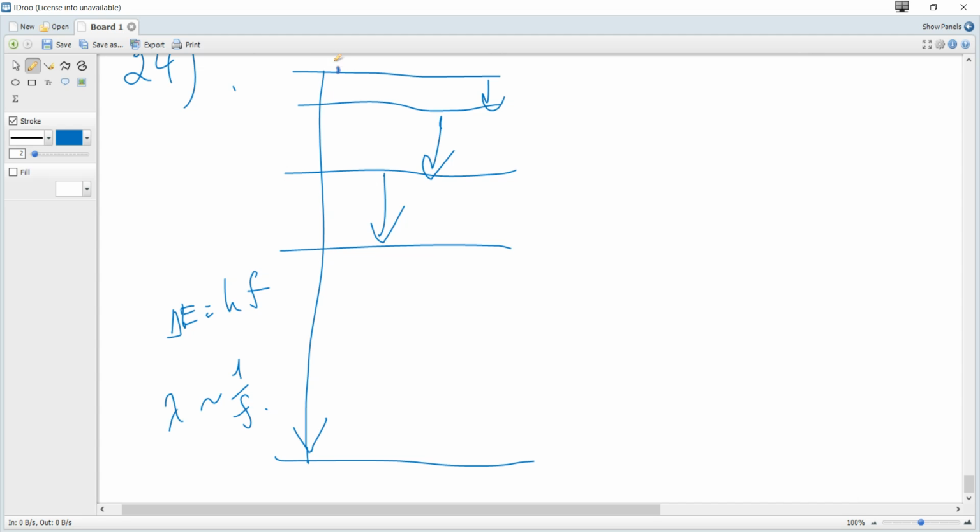Since there is one transition with the greatest change in energy, there must be a very large frequency and a very small wavelength compared with the other transitions, and we can see definitely only D is possible.